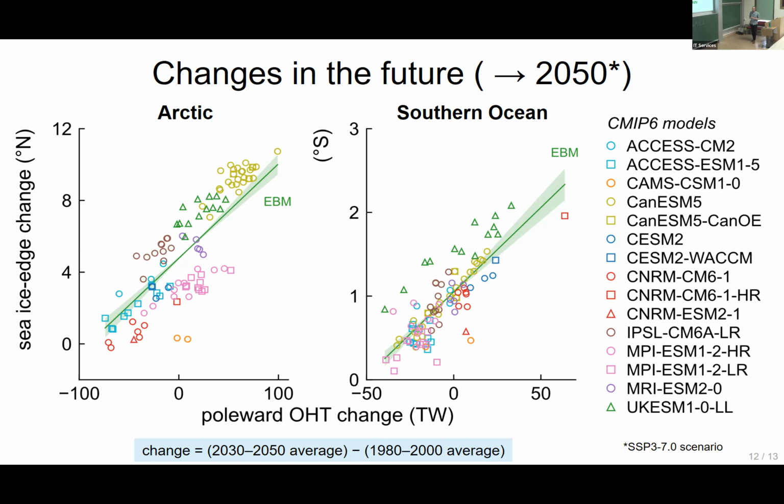One other point which I think is interesting here is that in the northern hemisphere, you do see individual models are separated, whereas there is a lot more overlap of models in the Southern Ocean, which may reflect a stronger role of internal variability in the Southern Ocean and model biases in the Arctic.